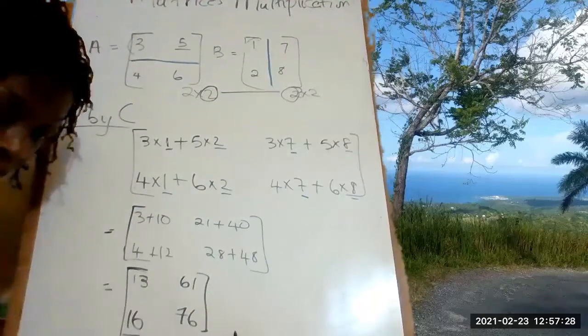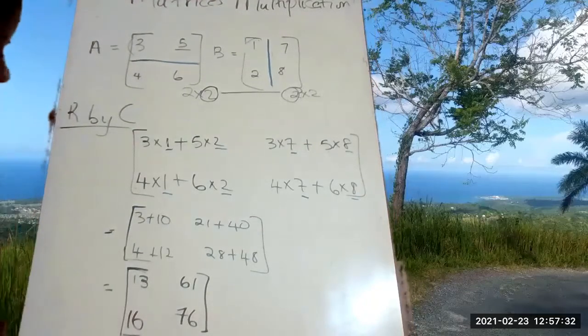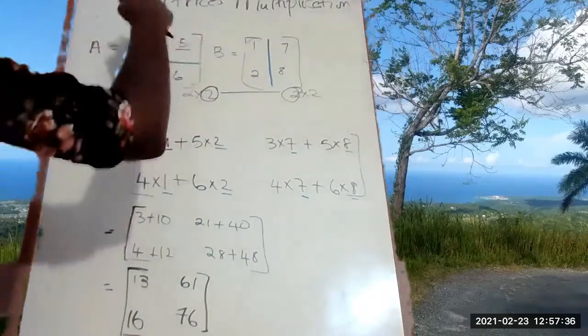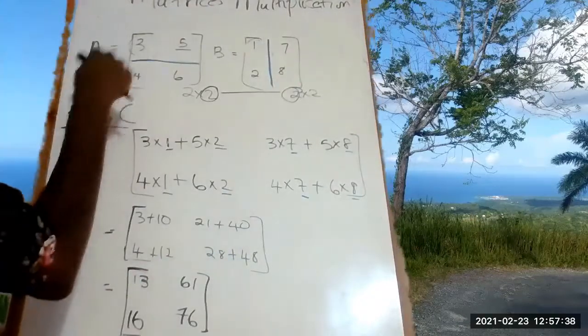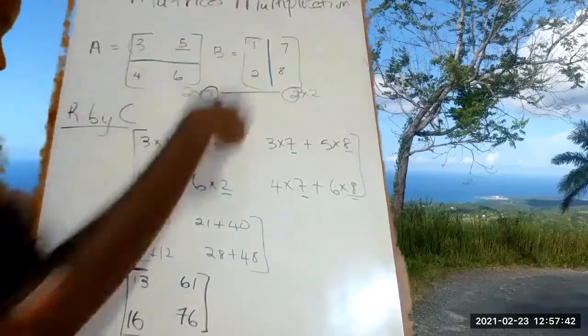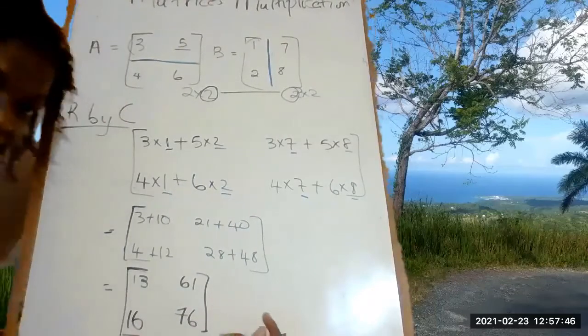And that's our answer. So again, we have a 2 by 2 matrix. So multiply the row by column. Same row again by the next column. Then we go to the next row, column. That same row by the next column. Alright, that's it.